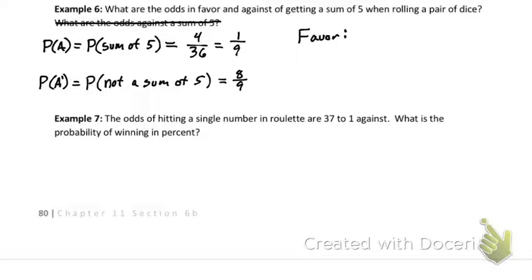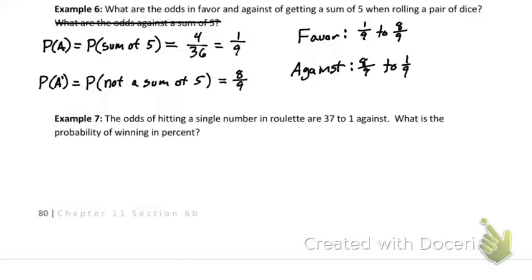Well, success first, that'd be 1 over 9, to 8 over 9. Against, we'll just flip those and go, okay, failure first, 8 over 9, to 1 over 9.